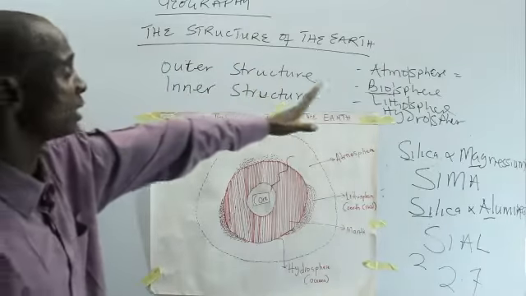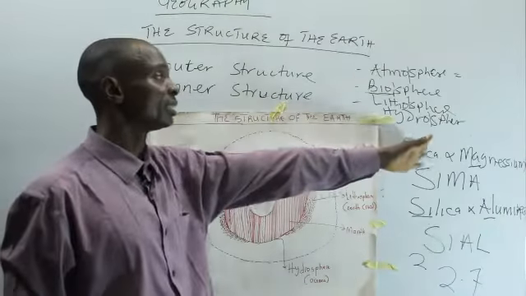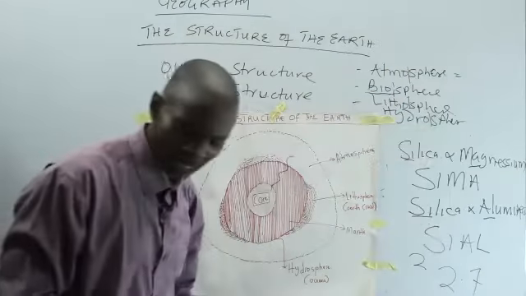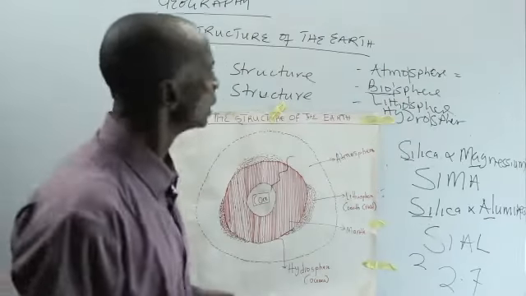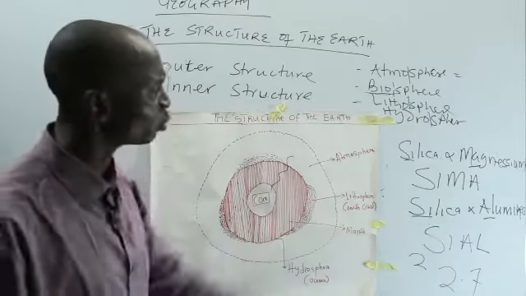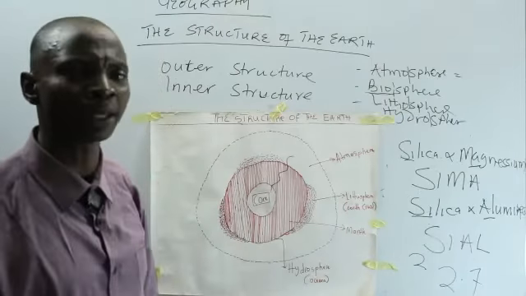The outer structure, I said, is made up of these spheres: the atmosphere, the biosphere, the lithosphere, the hydrosphere. Now, let's look at atmosphere, for instance. If they ask you, what are the uses of atmosphere to man?